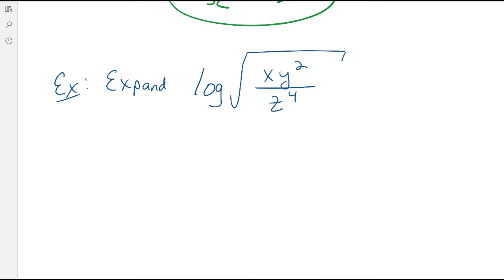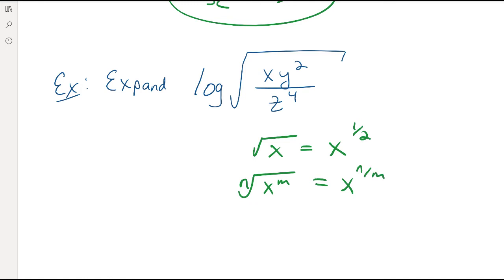In a previous video, we've talked about this. We said the square root of x is the same thing as x to the 1/2 power. That's because the nth root of x to the m is equal to x to the m over n power. A square root has an understood index of 2. That's why this is 1 over 2 as a power for a square root.